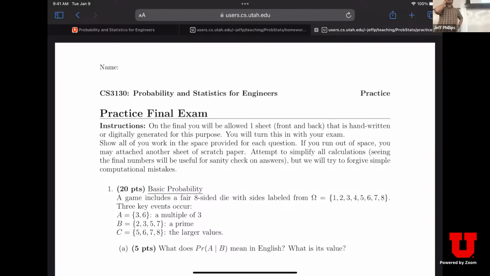The final exam is only 100 points, so this is longer than the final. If you finish this in 2 hours and feel good about it, then you're on a faster pace than you need to be. I don't have solutions yet.